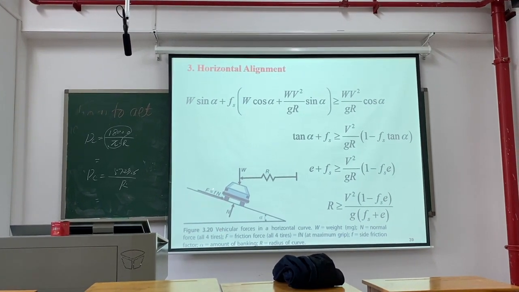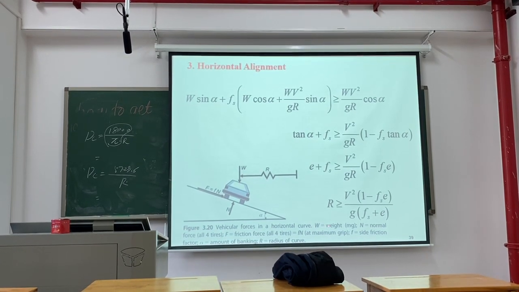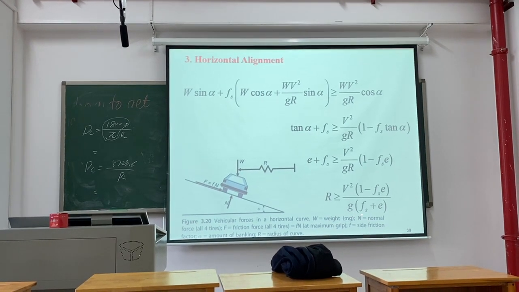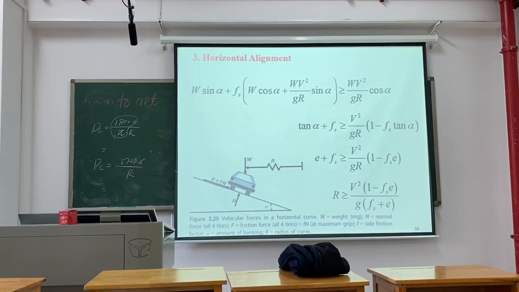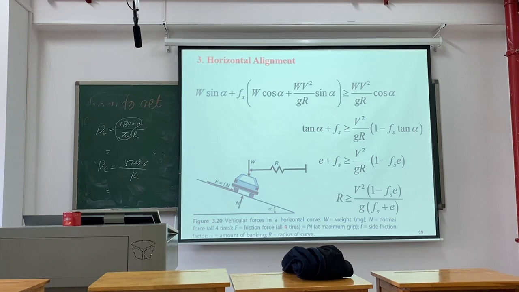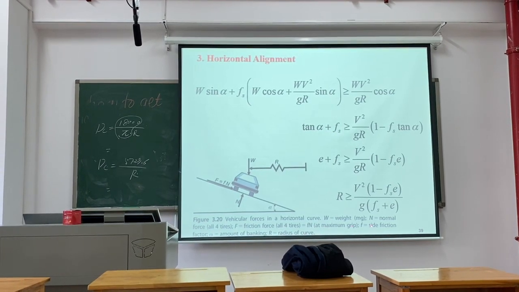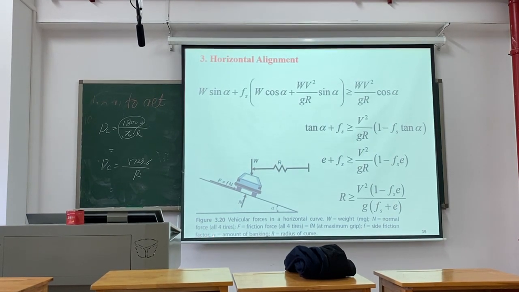From this figure, we can know the vehicle forces in a horizontal curve. W is weight. N is normal force. F is friction force, for all four tires. f is side friction factor.